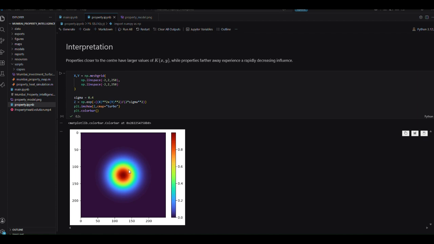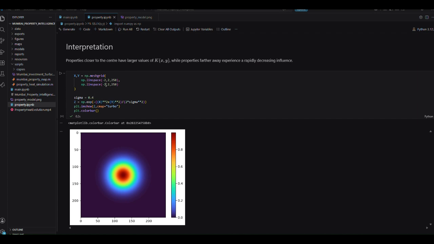And then what happens is, as you go further away from this hotspot, the property prices cool down, they get lower and lower, but near the hotspot the property prices are very high. That's essentially what we're trying to model using the heat equation, while properties farther away experience a rapidly decreasing influence.